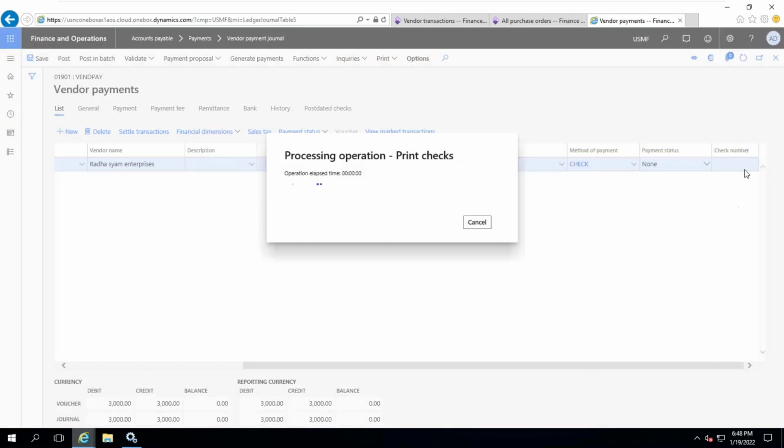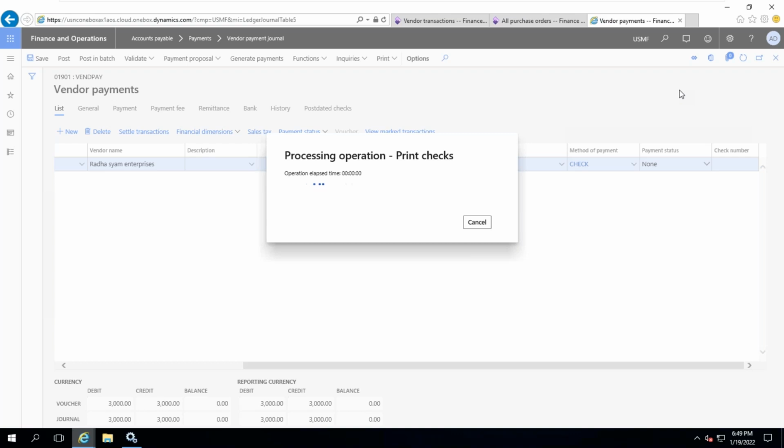So the check number is automatically filled here.